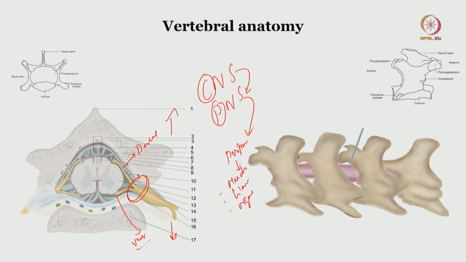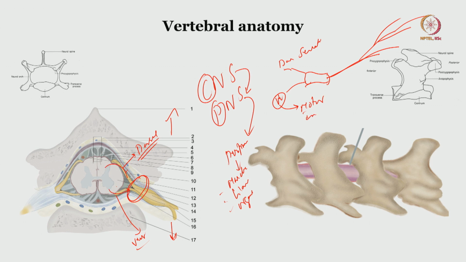So, the root is basically the origin of the nerve, which forms the peripheral nerve after it goes through various branches as plexus. All right. See, the dorsal rootlet carries the sensation, and the ventral rootlet gives away the motor information. So, this is the efferent and that is the afferent.